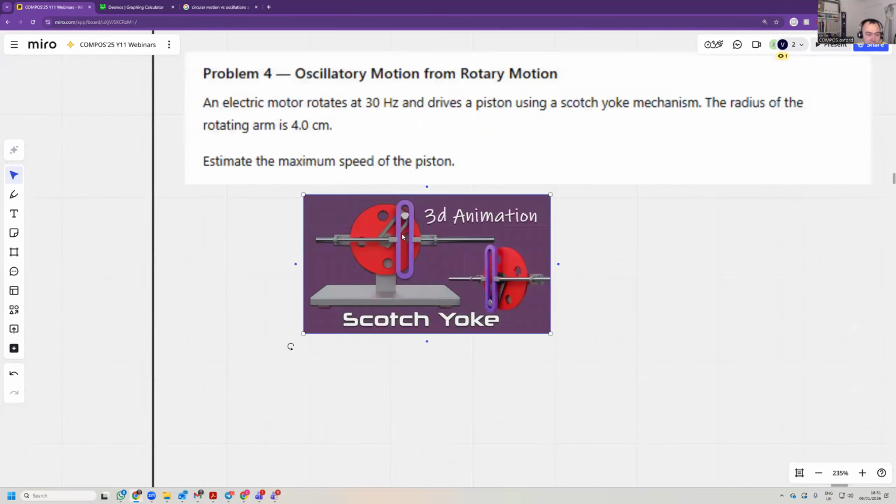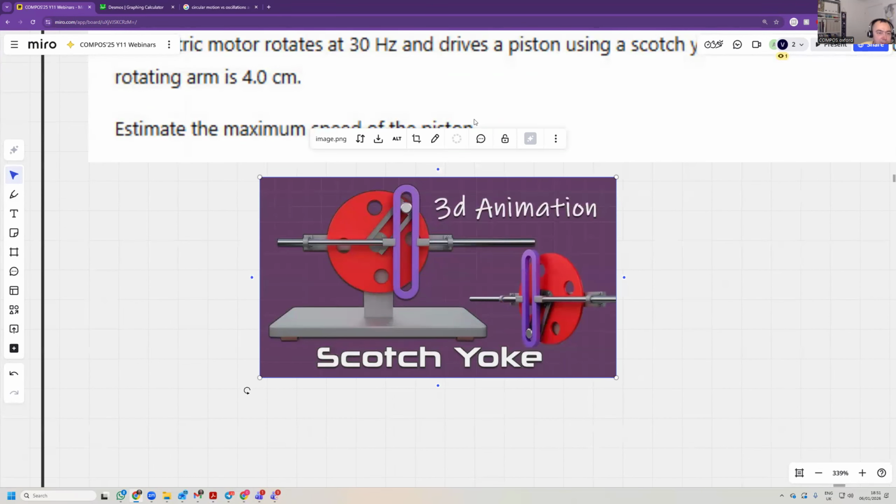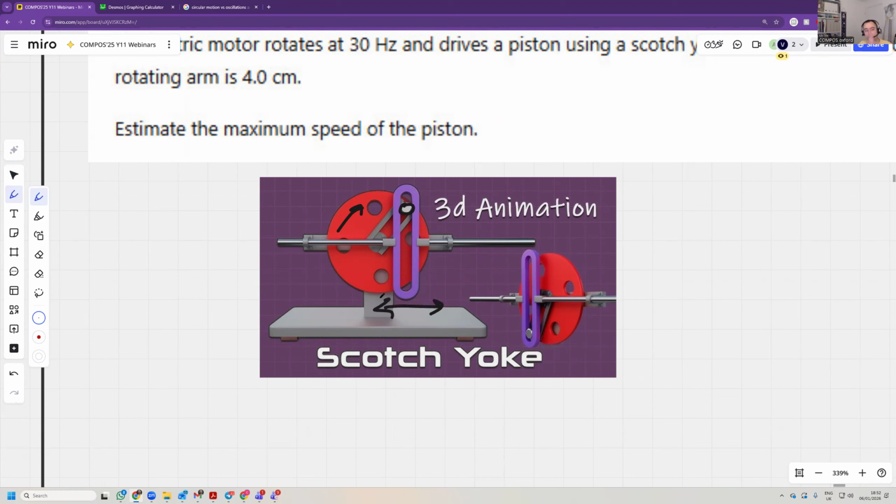This wheel rotates, and as it rotates, this knob rotates, and that purple thingy moves left and right with the ball. So the horizontal position, the x position of the purple thingy, is equal to the horizontal position of this knob.